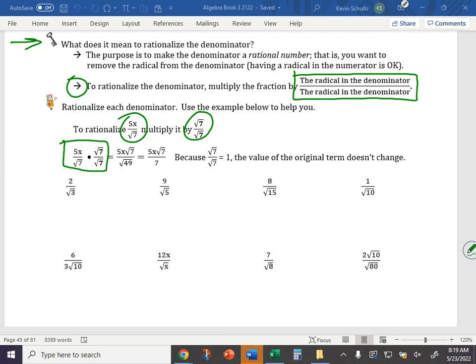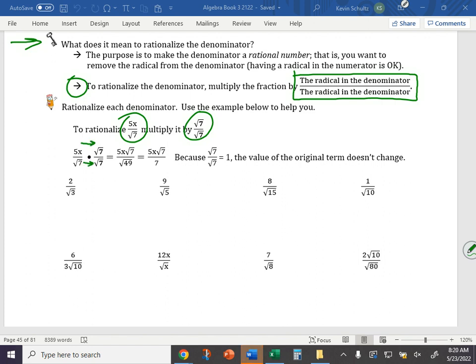Which means the value of that 5x over root 7 doesn't change, because whenever you multiply something by 1, the value stays the same. So it's mathematically legal to do this because we're not actually affecting the value of the fraction. What we're doing is affecting how it looks. Because when you multiply fractions, as we know, you multiply straight across, right?